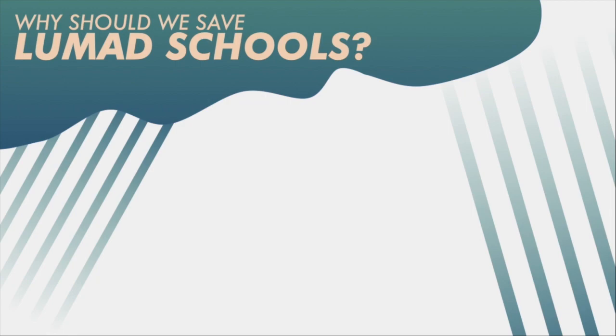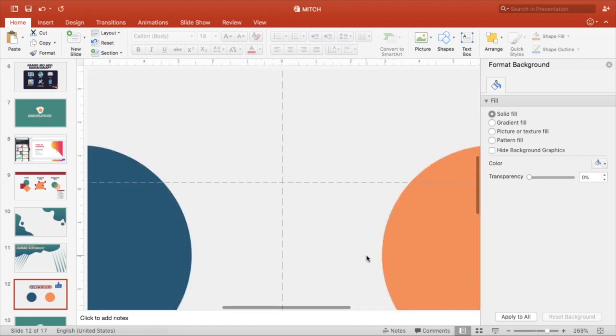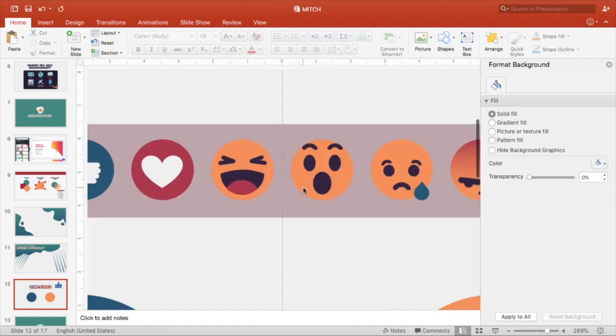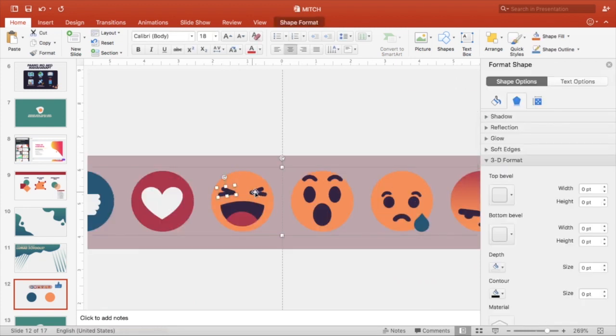Okay? Next, I will be sharing with you how I create my very own vector elements using Microsoft PowerPoint. So you already have here this set of Facebook reactions. And mind you, I created each of these. Hindi ko lang ito basta kinopy and paste online.